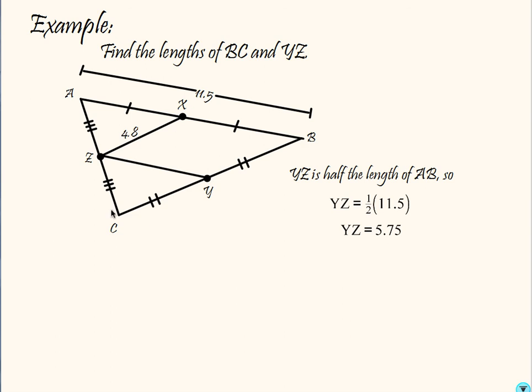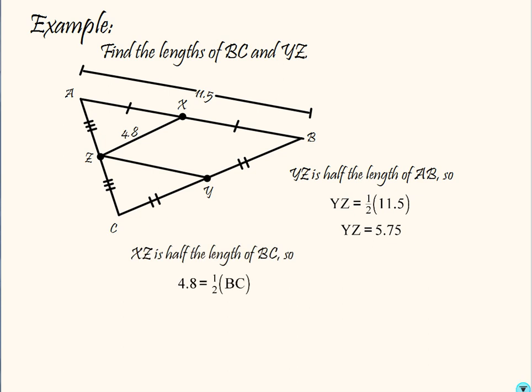Now if I want to find the length of BC, which is the second segment it asked me to find, notice that XZ is its midsegment, right? XZ is parallel to BC. It's also half the length of BC.